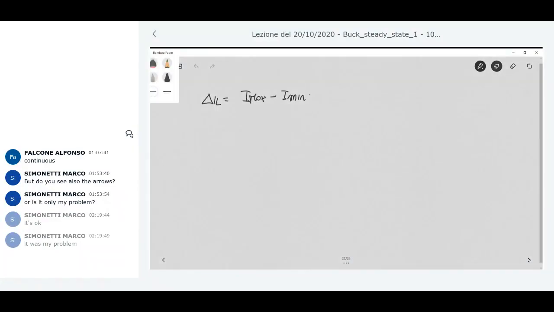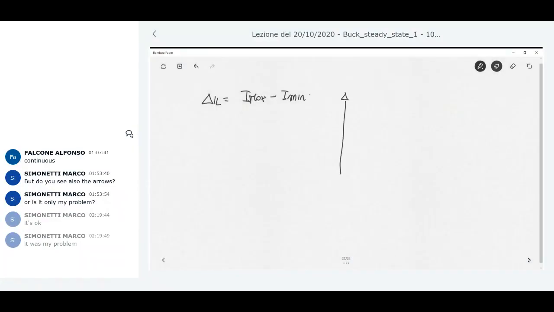Look at the inductor current. It has the same value at the beginning and the end of the period. This is I minimum, I maximum. This is T on, this is Ts.